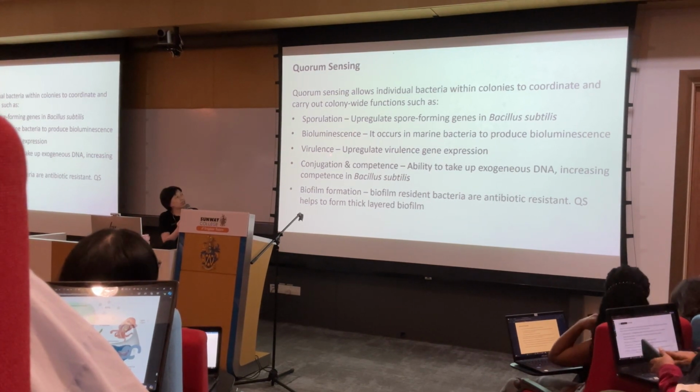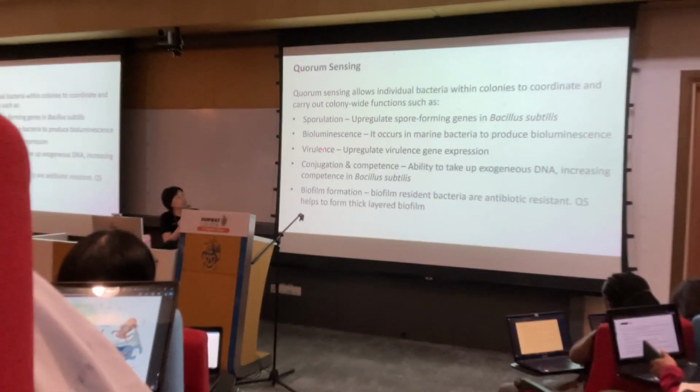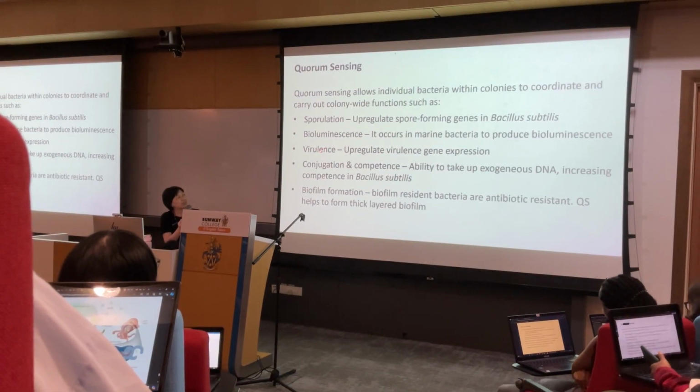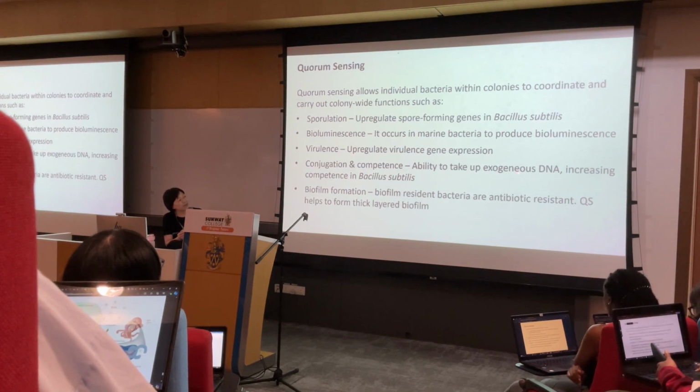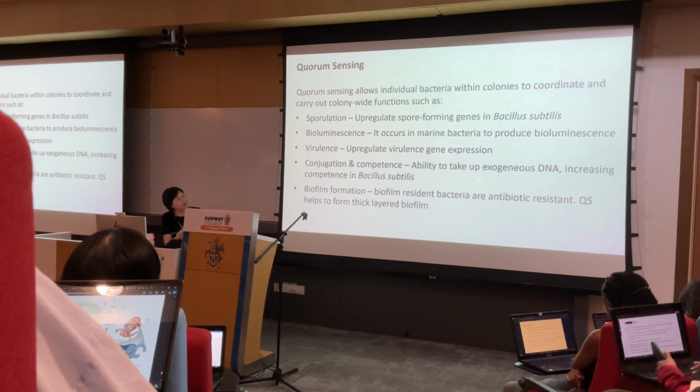They increase virulence gene expression to act against the host defense system. They can do conjugation and competence. They can also take up exogenous DNA, like taking DNA from other bacteria, and increase competency. And they also contribute a lot to biofilm formation.